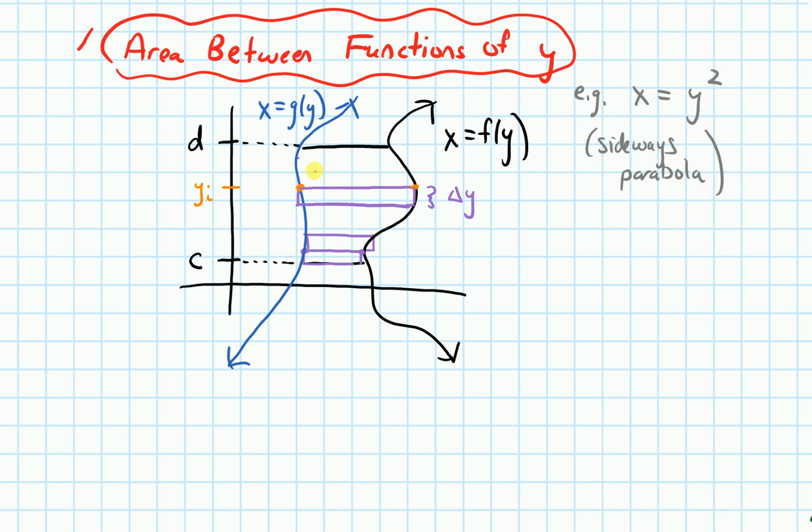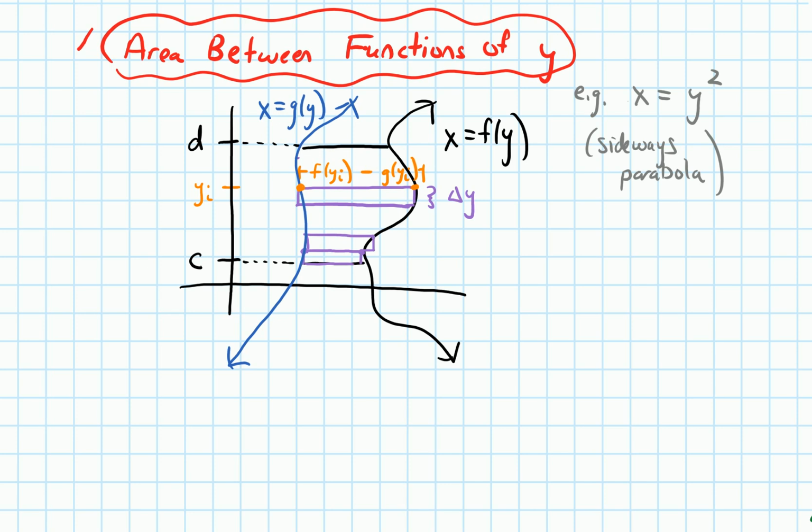Then I would need to plug this y value, y sub i, into the function f of y, and then plug it into g to know g of y sub i, and subtract those, and that is how wide this would be. It would be f of y sub i minus g of y sub i.